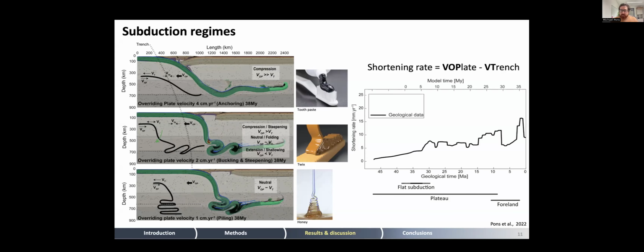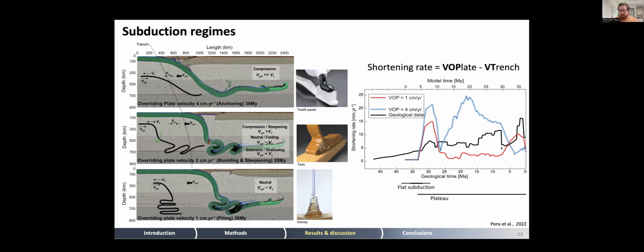Here I take back the geological data compilation from the beginning of the presentation, and I can plot the shortening rate from the so-called slab anchoring model with 4 centimeters per year for the overriding plate velocity. That shows that we are overshooting the shortening rate in most of the model. I can also plot the 1 centimeter per year, which is the piling, and which shows that we are underestimating the shortening rate.